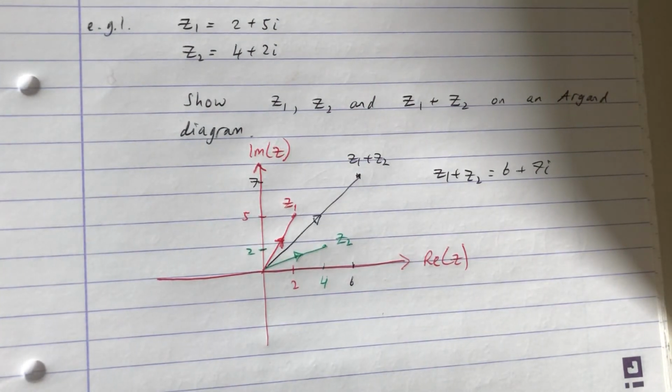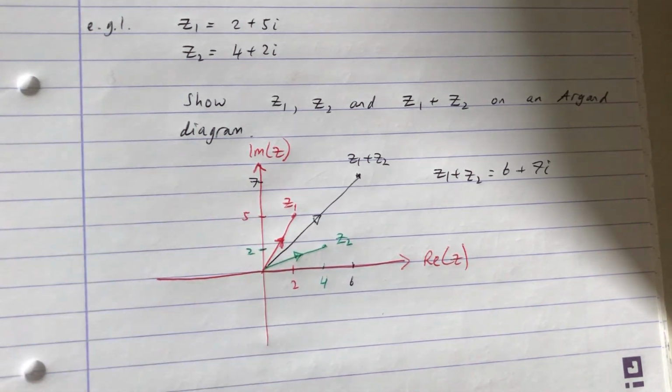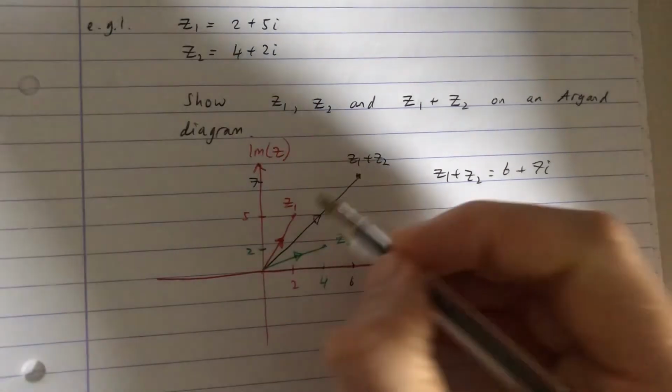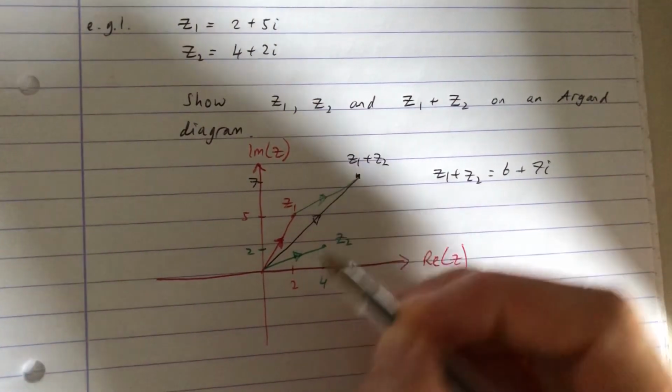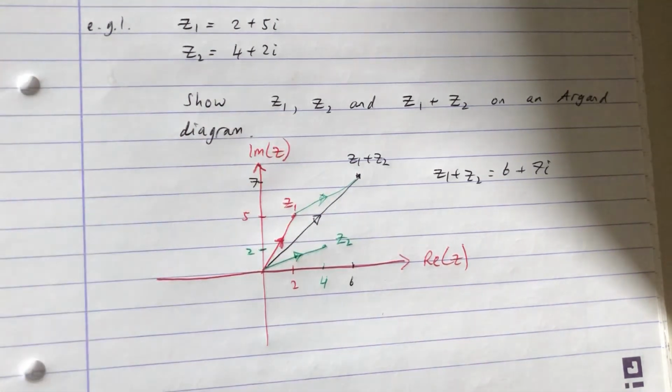Or if I drew this perfectly to scale, then I can treat these as vectors and do vector addition, and Z1 plus Z2 would effectively be those two vectors put top to tail, and that would be it.